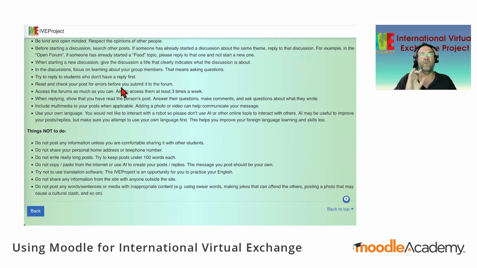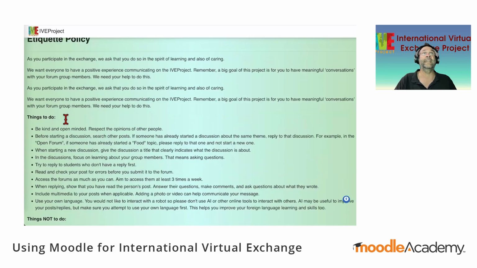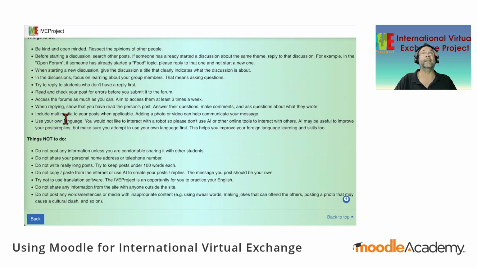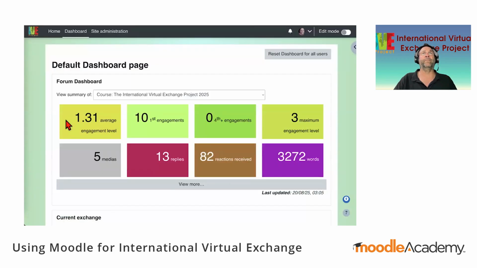So this is one of the many reasons that we use Moodle. The students don't have to agree to the research policy, but they do have to agree to this etiquette policy. And this is something that we talk about with the teachers prior to students participating, so that they know that this is important.